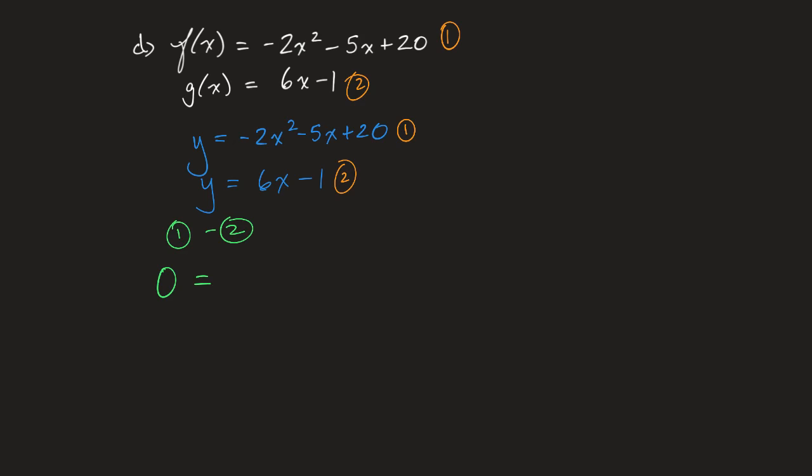But on the right side, we have to be really focused that what we have is negative 2x squared minus 5x plus 20, my equation 1, subtract all of equation 2. And a real common mistake is going to be to forget to subtract all parts of it. So I can avoid that risk for mistake if I don't use elimination.